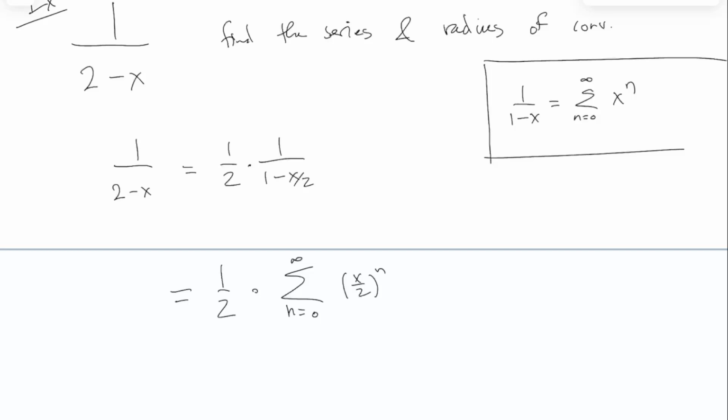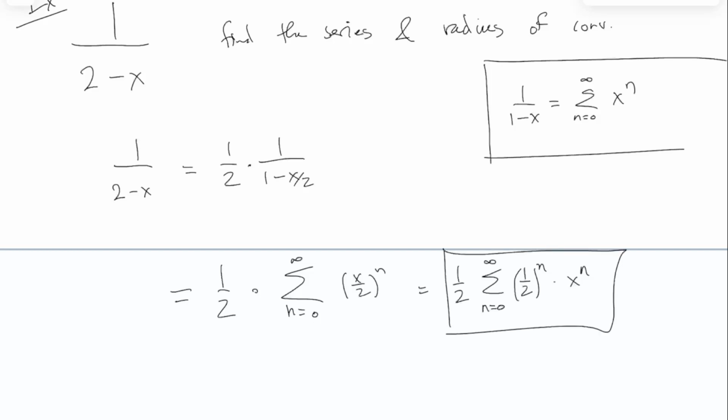And as usual, I want to write this as some coefficient times x to the n. So this would be 1/2 the sum 1/2 to the n times x to the n. Or you could write 1 over 2 to the n if you like, or I suppose you could write 2 to the minus n if you want to get real fancy. All right, this is the series.